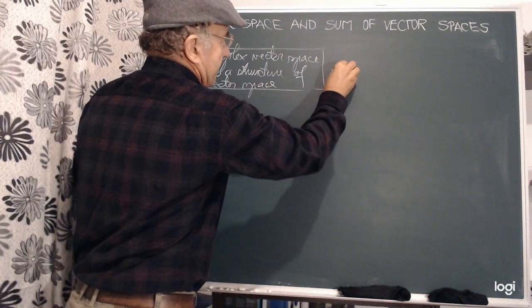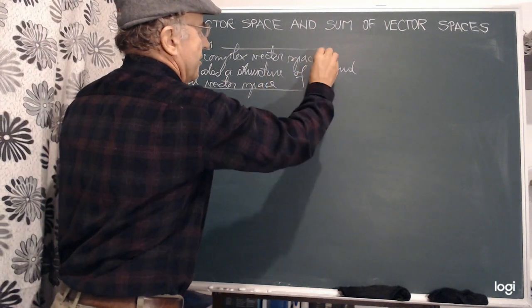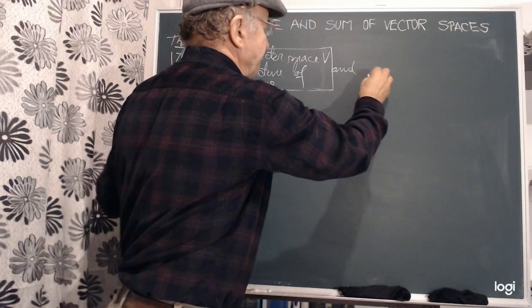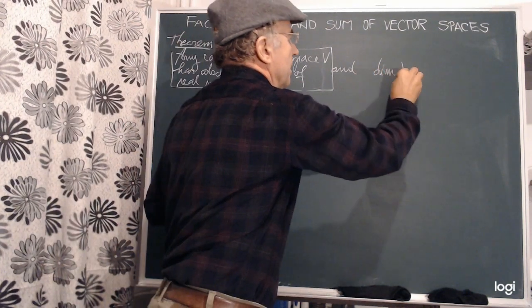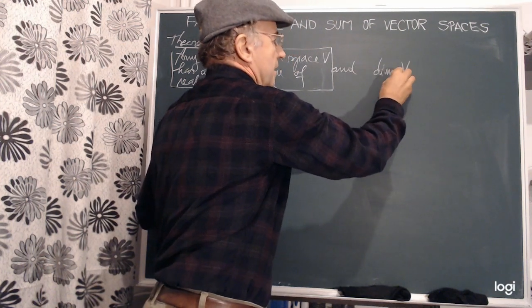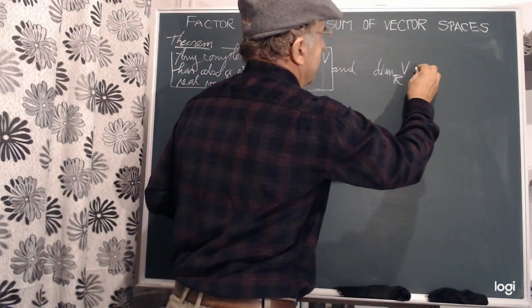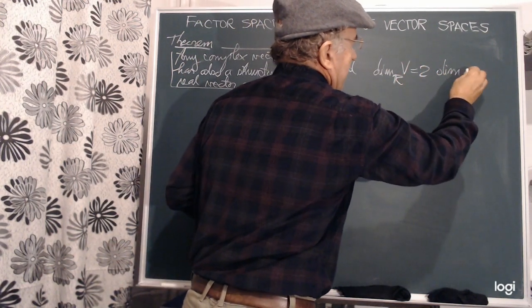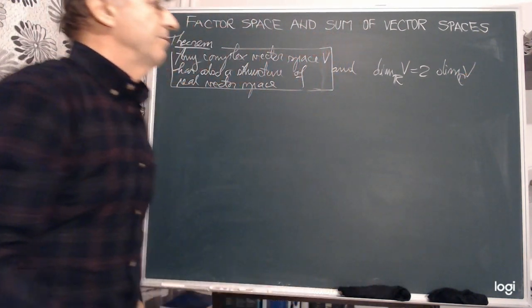And for any vector space, let us denote it V, the dimension of V considered as a real vector space over R is 2 times the dimension of V considered as a complex vector space.